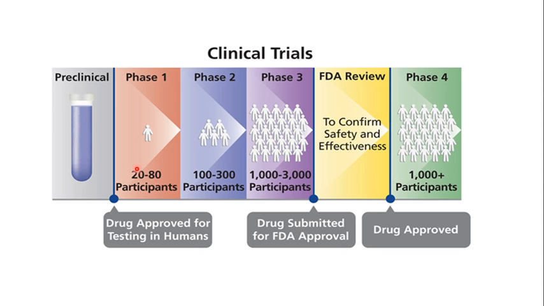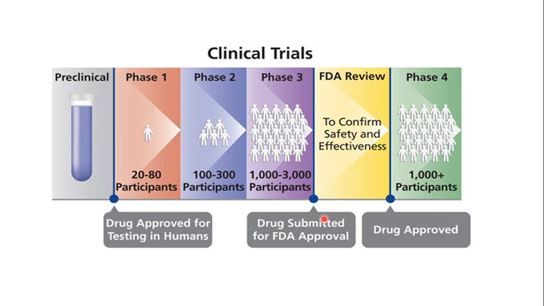When a drug passes phase 1, it enters phase 2, where human volunteers are again utilized, but here the number of participants increases, to between 100 and 300. In phase 3, you increase the number of participants again, from about 1,000 to 3,000.